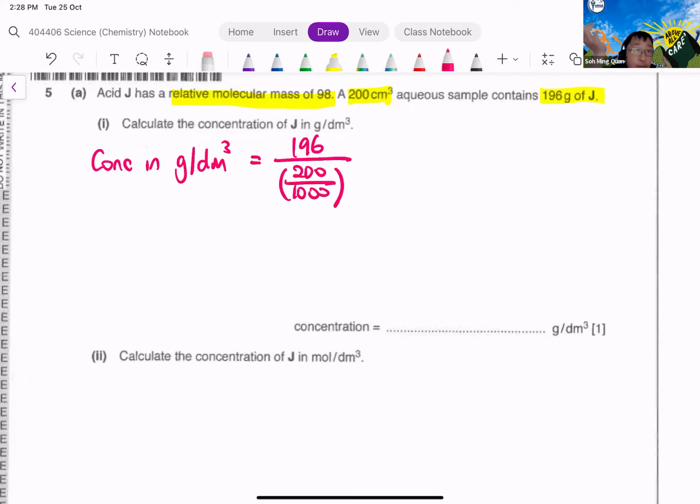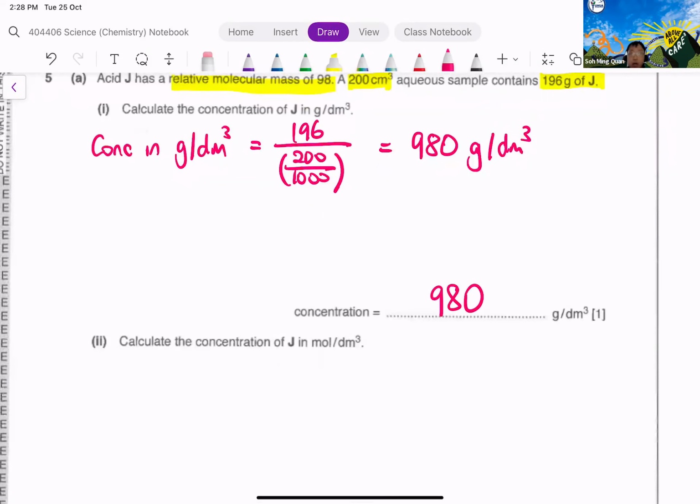Remember, you need to convert cm cube to dm cube. With this, you will just get 980 grams per dm cube. So that's grams per dm cube, just taking the grams divided by the volume in dm cube.